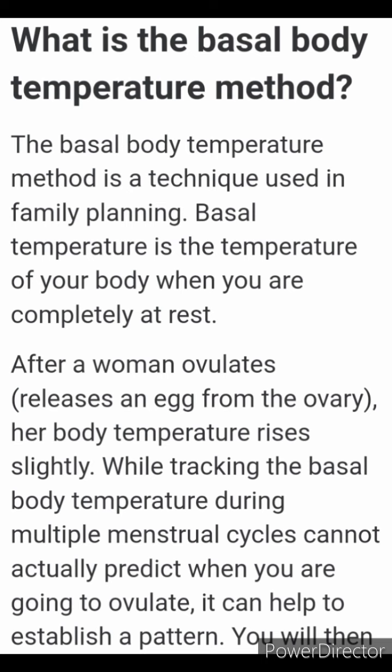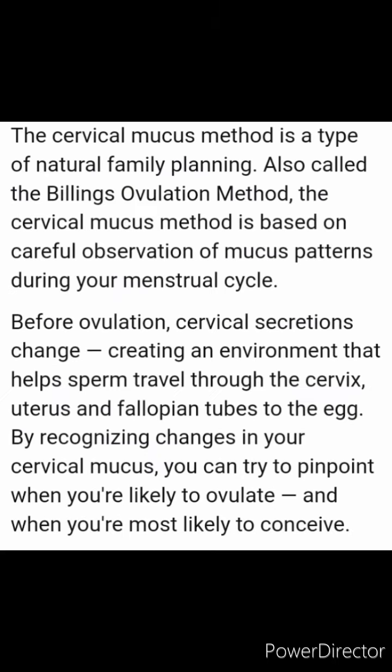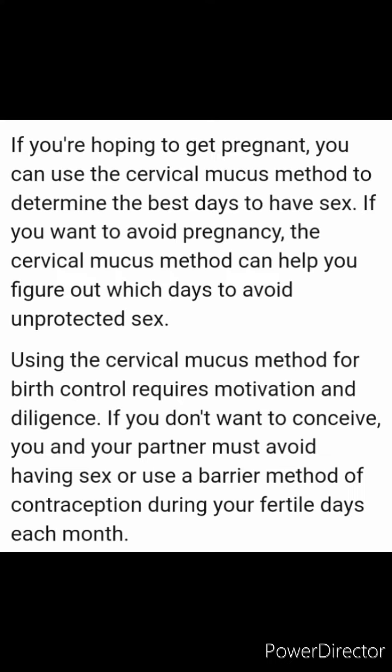So next is the cervical mucus method of natural family planning, also called the Billings ovulation method. The cervical mucus method is based on the observation of mucus patterns during your menstrual cycle.